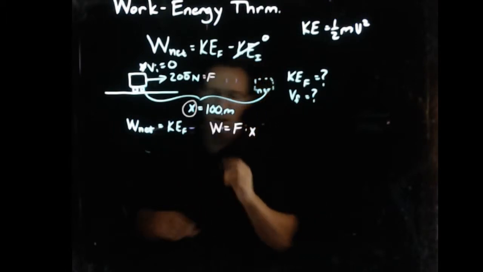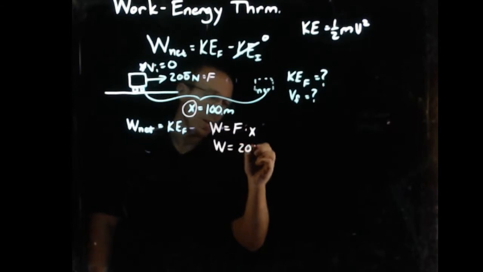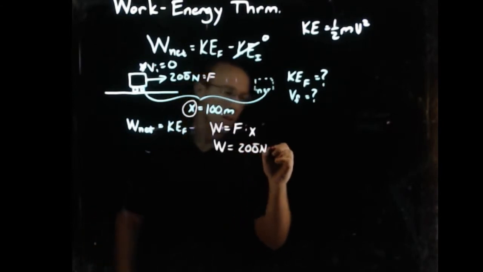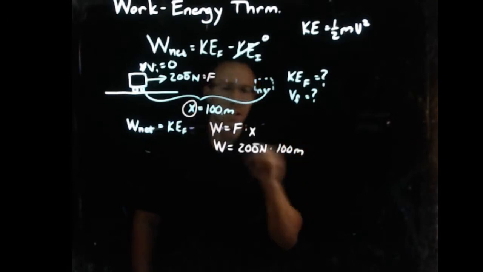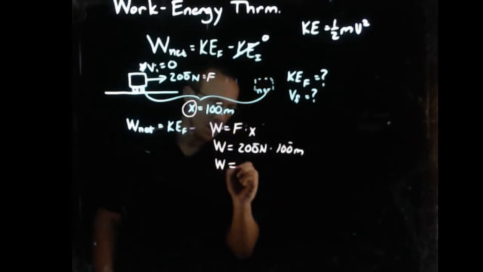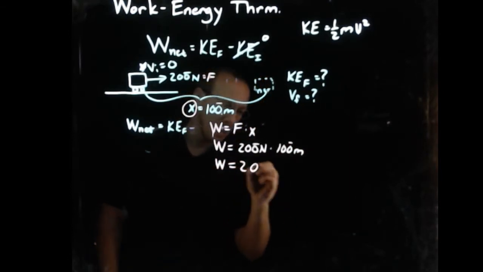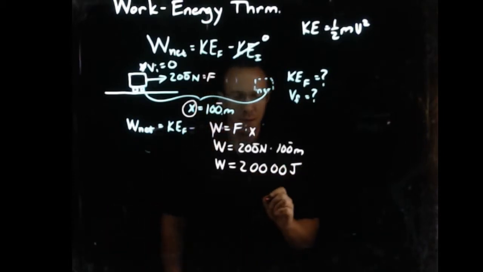So I'm going to multiply those. It's equal to 200 newtons times 100 meters. We're going to say that's a significant digit. So 100 times 200, 4 zeros, and it's joules.